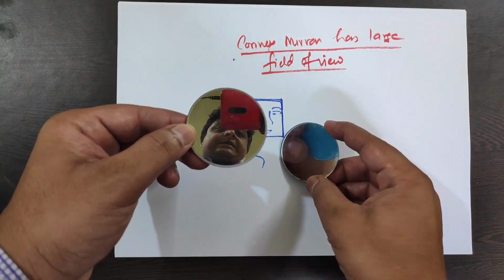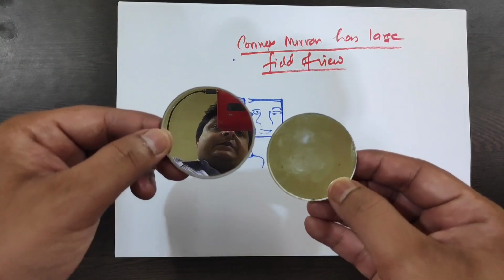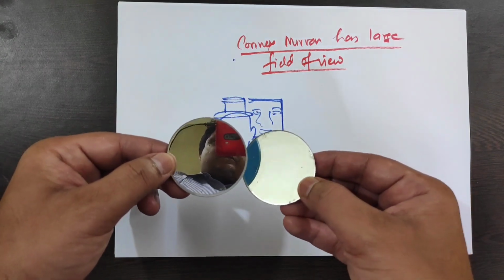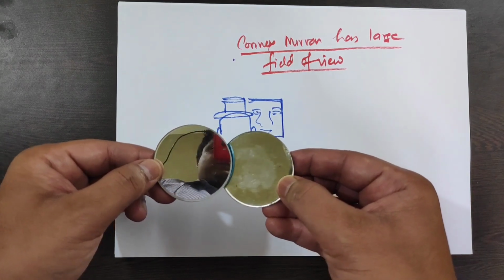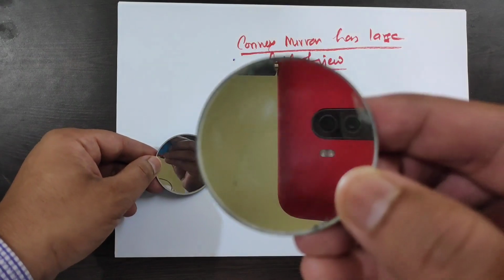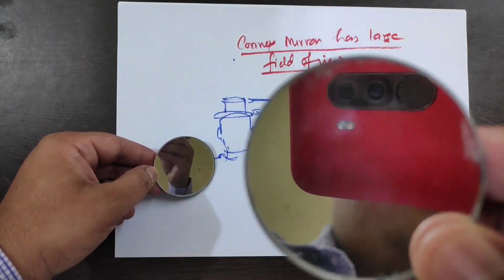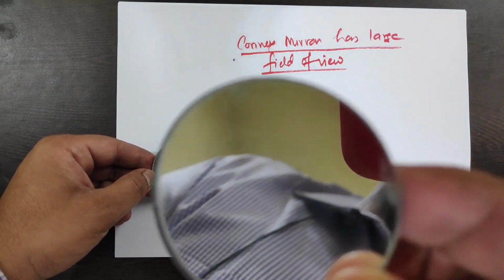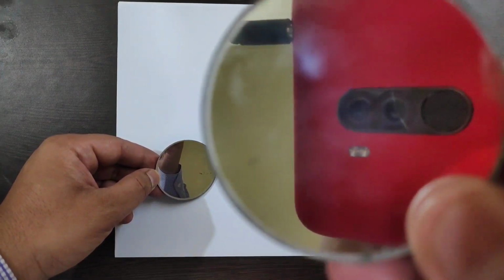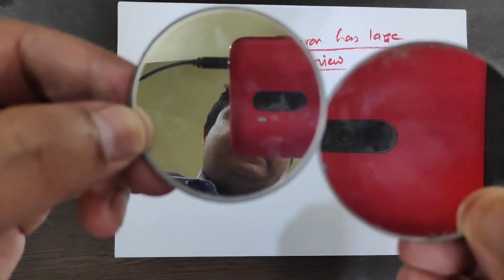Now let's see the concave mirror, both side by side. In this concave mirror, you are seeing a magnified image. You have to bring it close, between focus and pole, then only you can see a magnified image. See, the mobile camera looks so big.